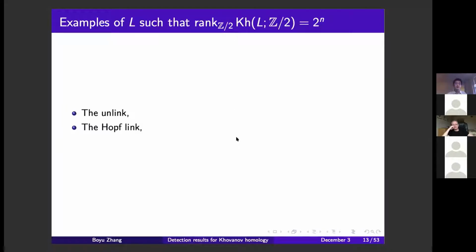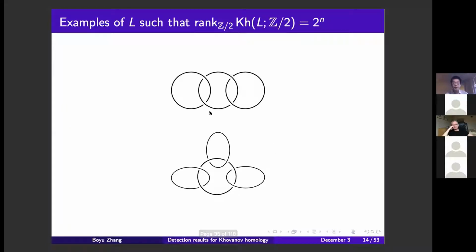So as a consequence, any link that can be obtained by disjoint unions or connected sums of the unlink or the Hopf link will all achieve the lower bound on the rank of Khovanov homology. So here are 2 examples of such links.